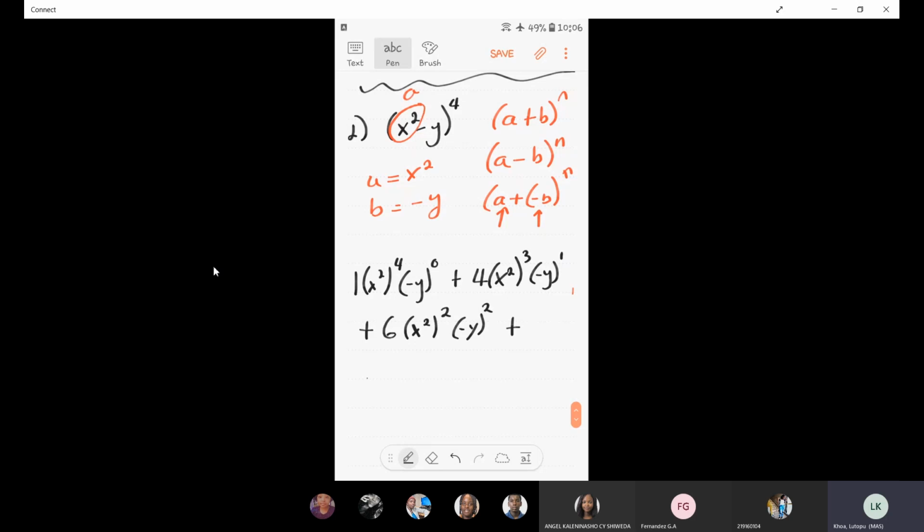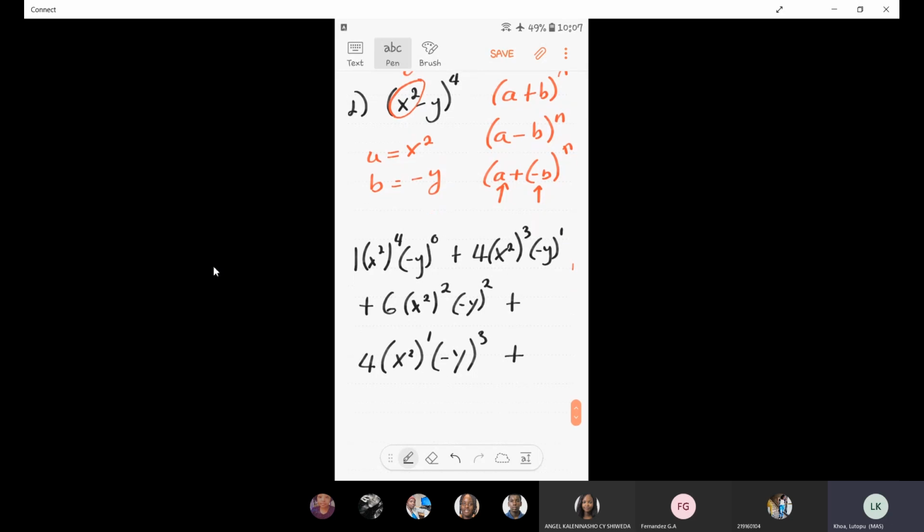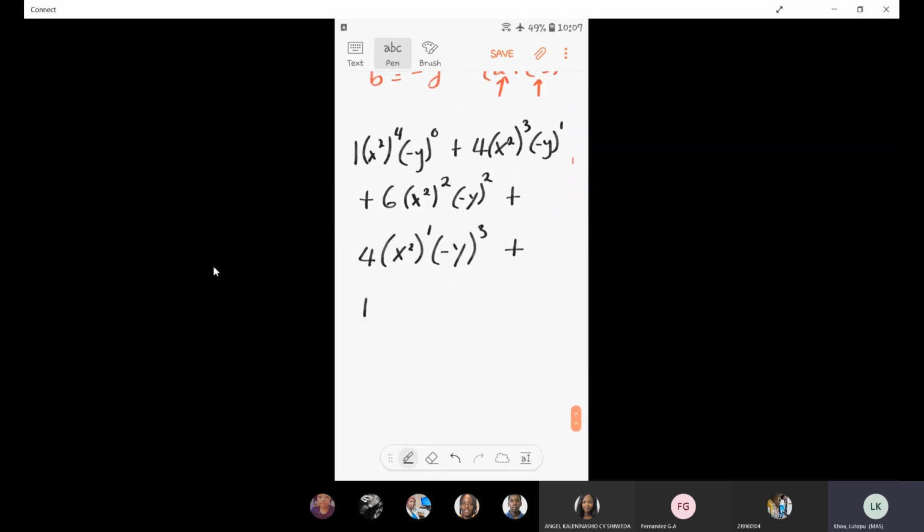Then I have 4 x squared to the power of 1 minus y to the power of 3. And the last one, I have 1 x squared to the power of 0, and then minus y to the power of 4.